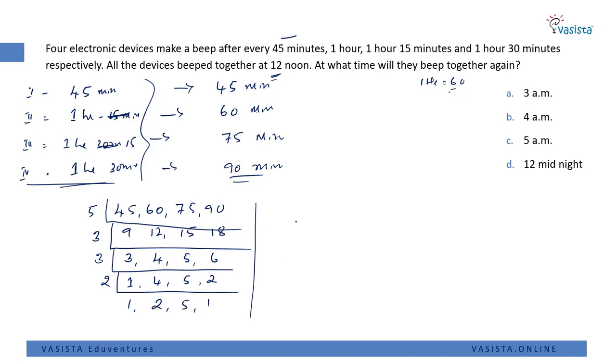Now this I'll rewrite: that is going to be 2 into 2, there are two 2s, and two 3s and two 5s. Let us go with this multiplication. 2 2s are 4, 3 3s are 9 and 5 5s are 25. So 9 4s are 36 into 25.